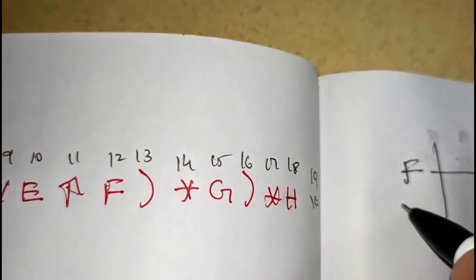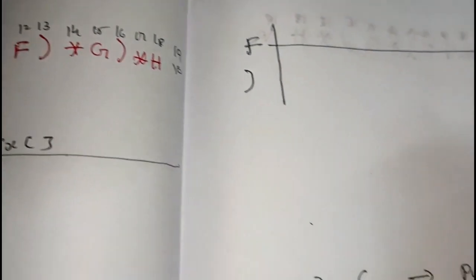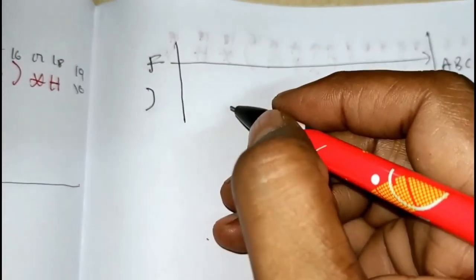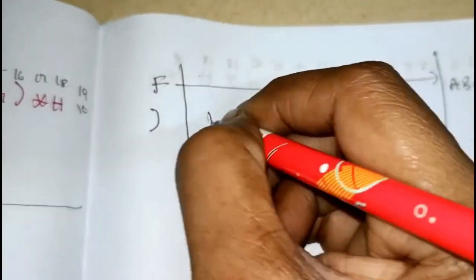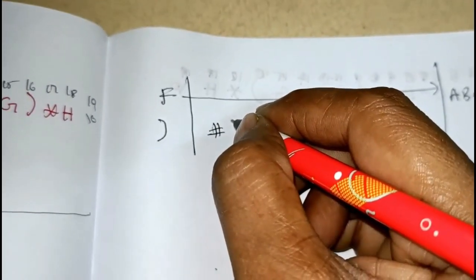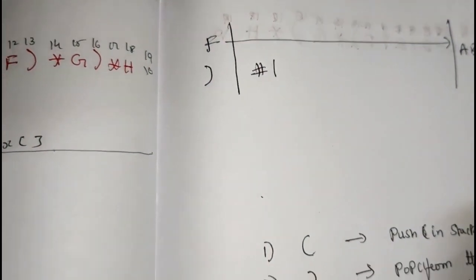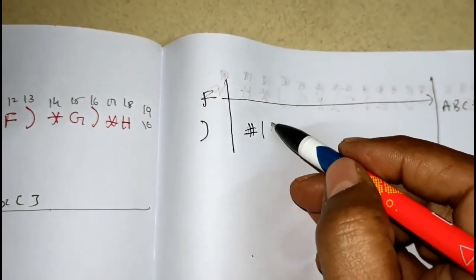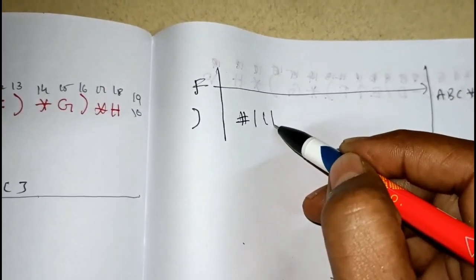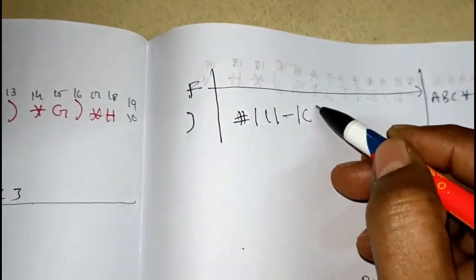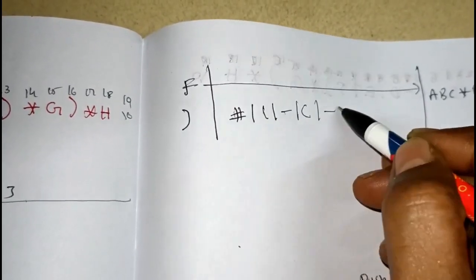Now we see closed parenthesis. Now when we see closed parenthesis, let me write whatever the status of our stack: hash, open parenthesis, minus, open parenthesis, again minus.